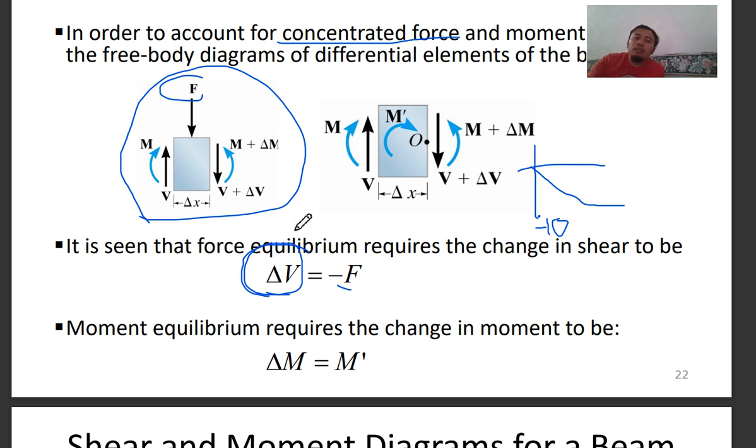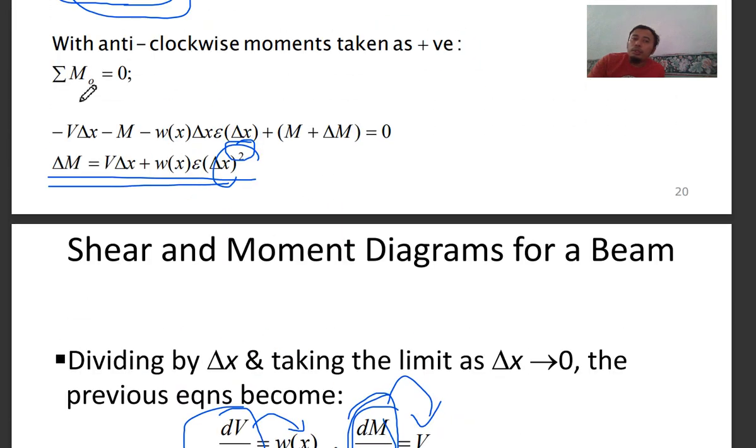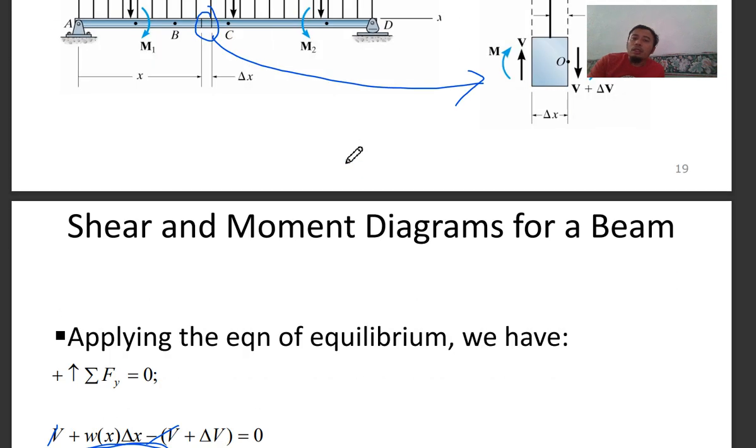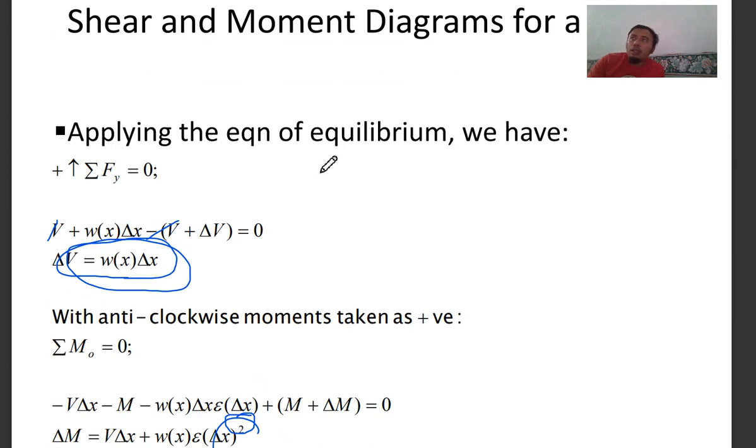Because you are trying to find the value of shear but you don't know the shape of the graph. If you don't find the shear and moment function, you directly calculate at certain points, so you need to know what kind of graph will come out.